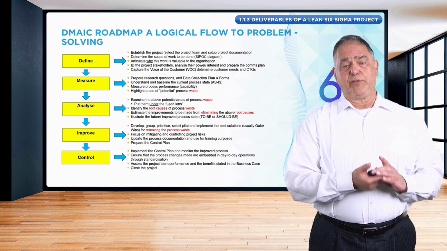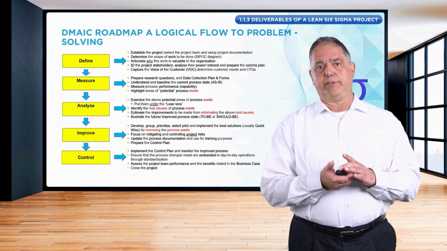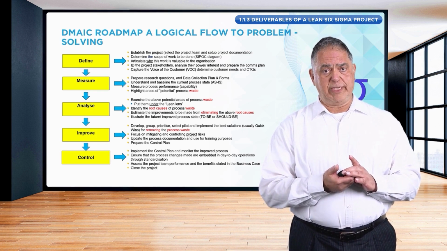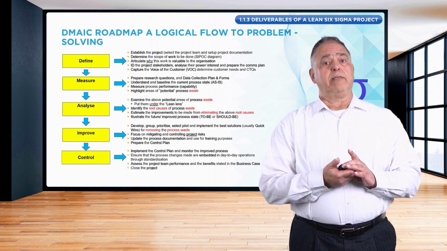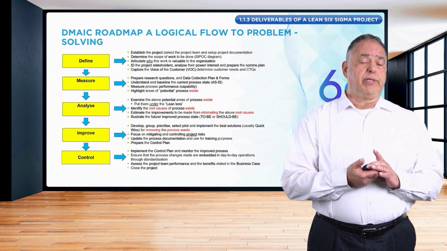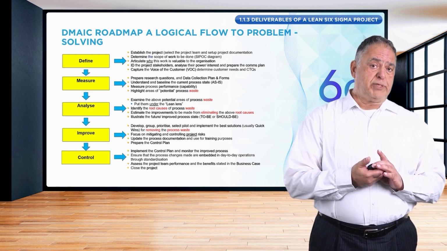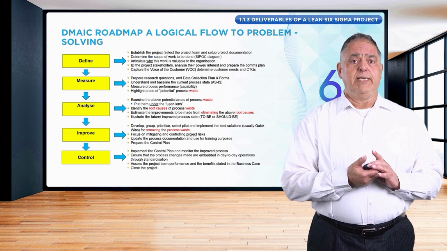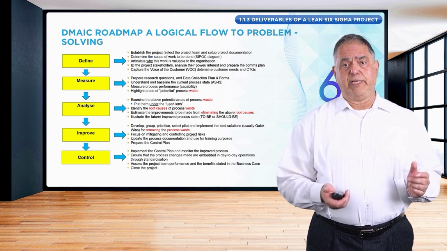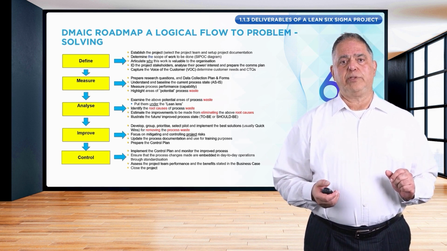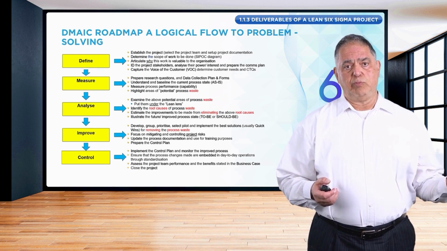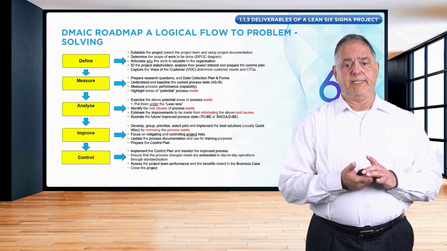Finally, after we have made all the changes in the process, we update the process-related documentation. This includes the 2B process map that we have created during the analyze phase. And we use this updated documentation in order to train the people that are going to monitor the improved process.